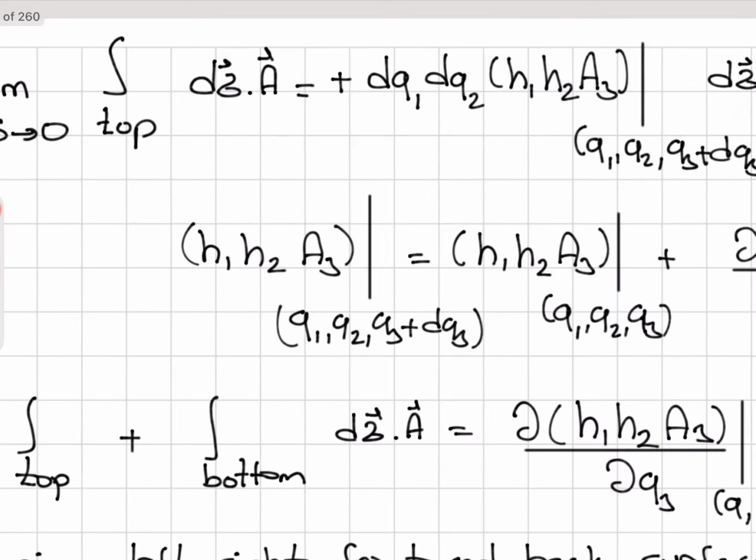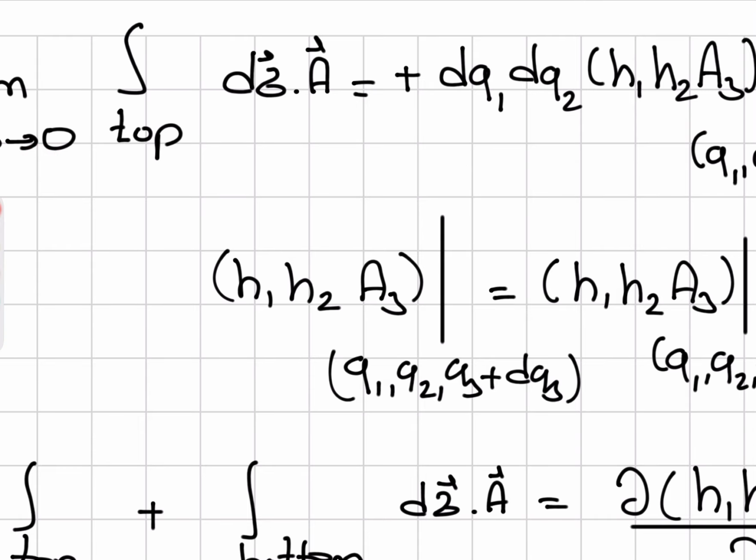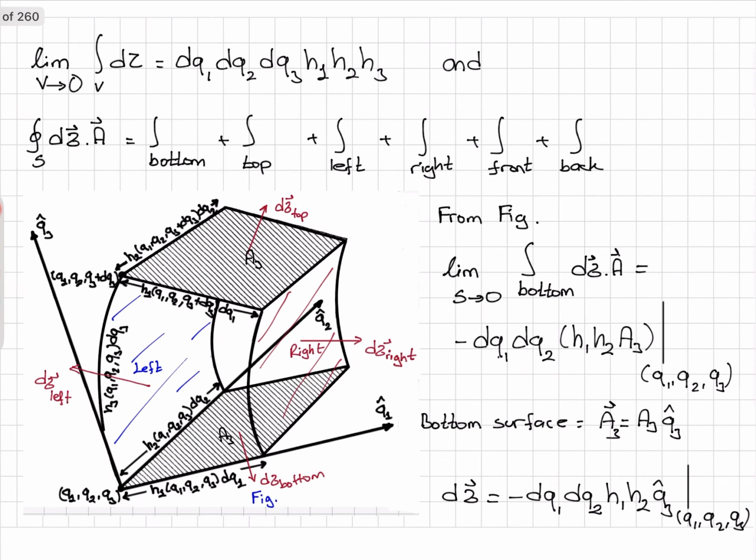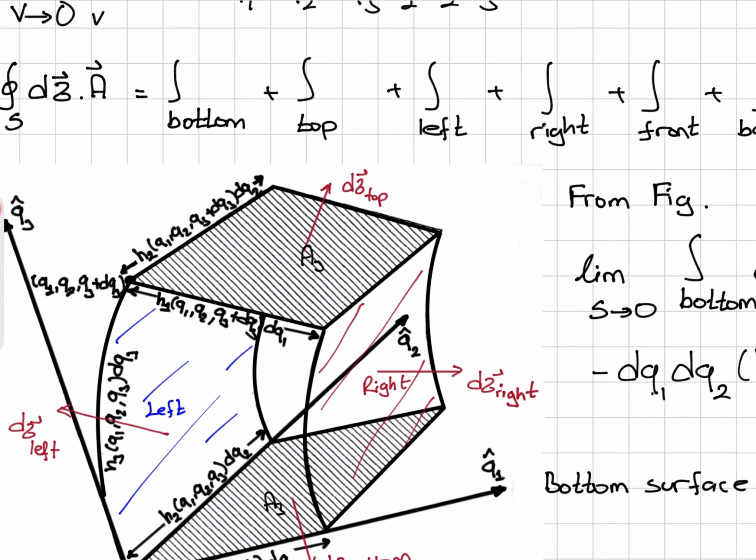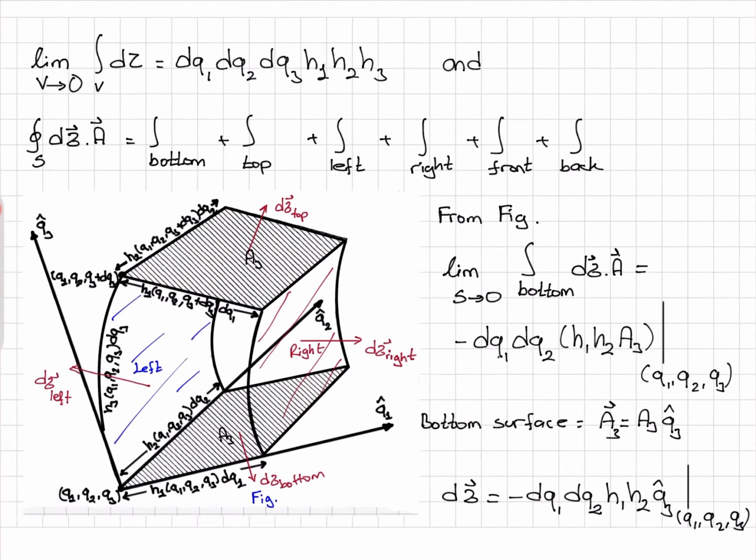If I repeat the same procedure for the top, d sigma dot A, this time I again have h2 dq2, h1 dq1, but I'm at the top, which means I'm not at q3 but at q3 plus dq3. So I have to look at the vector field A's a3 component evaluated at q3 plus dq3.